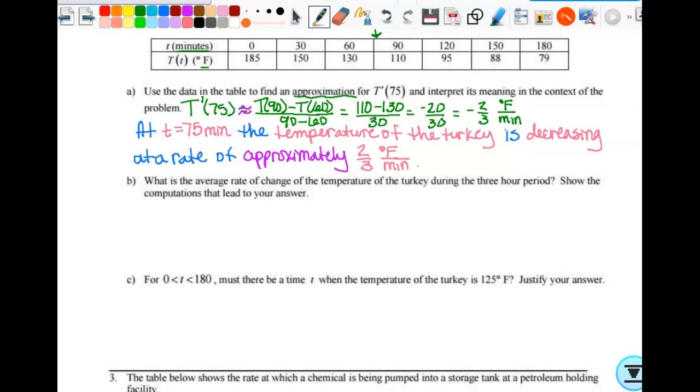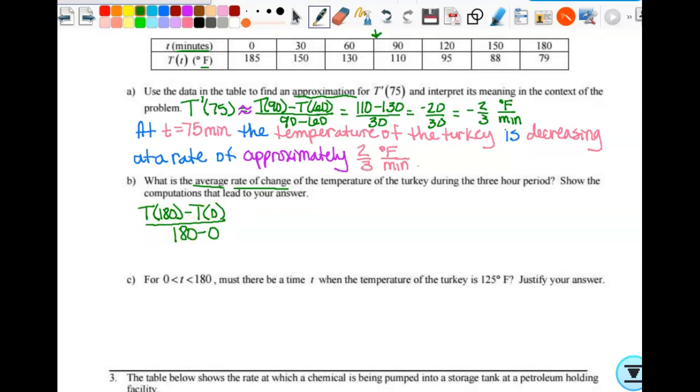All right, then B. What is the average rate of change of the temperature of the turkey during the 3-hour period? Okay, so average rate of change, that tells you slope. That also tells you it's just straight up slope because it's average and not instantaneous, right? 3-hour period, so that's over the whole thing. So that means that I want T of 180 minus T of 0 over 180 minus 0.